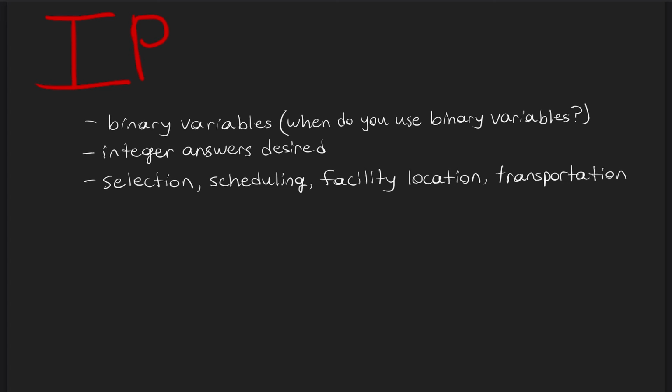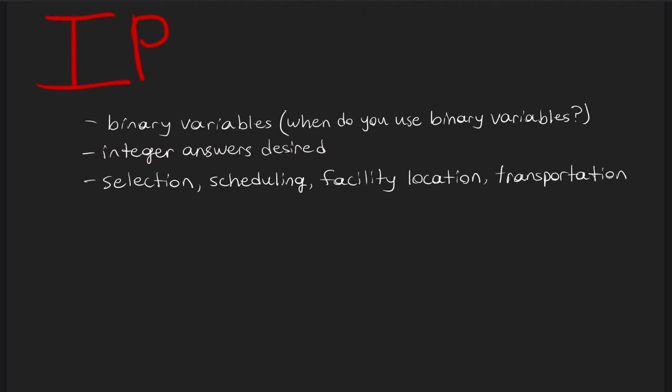Whenever you want to not include a variable, that's when you want to use binary variables. For example, if you want to make a variable zero to not include it in the formulation because of a specific condition that happened, then you want to use binary variables. If you desire integer answers only, you might want to use integer programming.